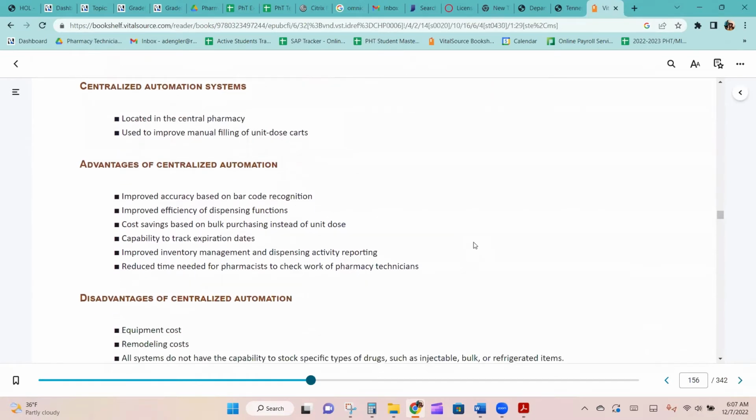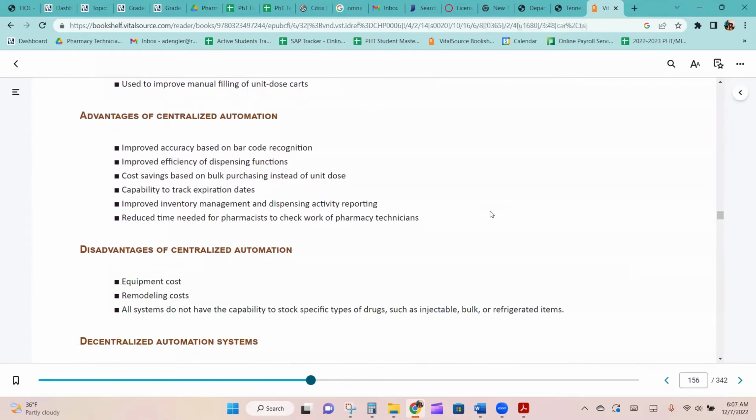Centralized automation systems are located in the central pharmacy. They're used to improve manual filling of unit dose carts. Some advantages of that are improved accuracy based on barcode recognition, capability to track expiration dates, and some disadvantages: equipment cost, remodeling cost.